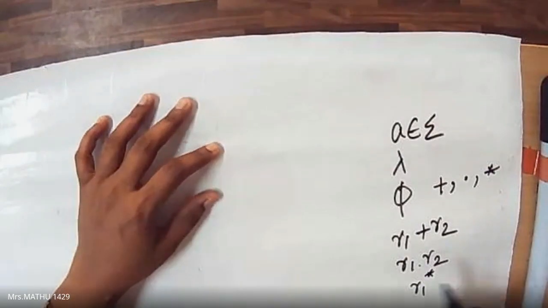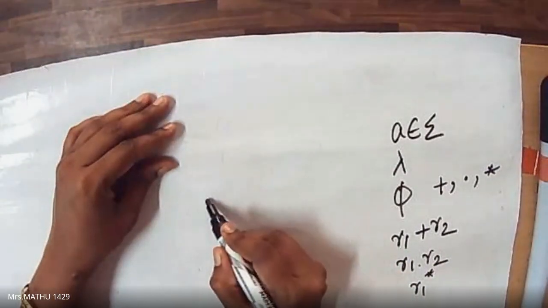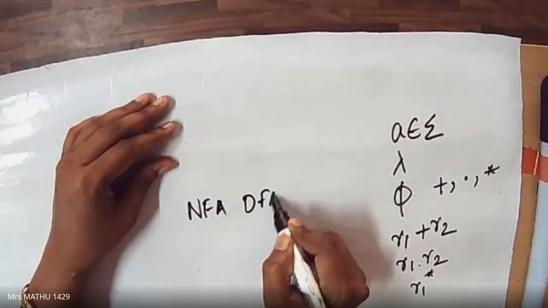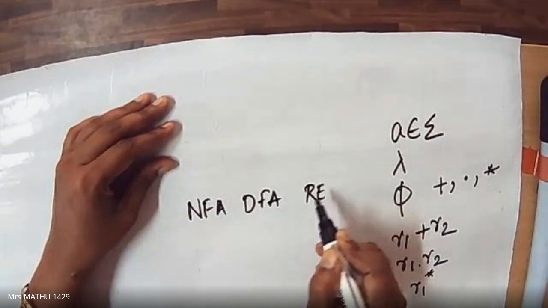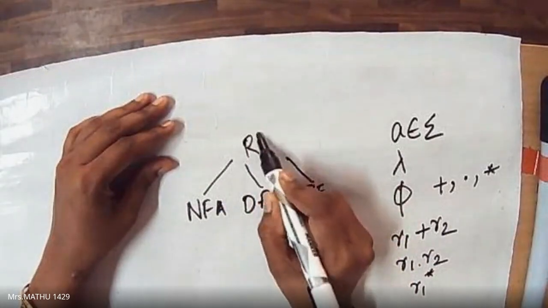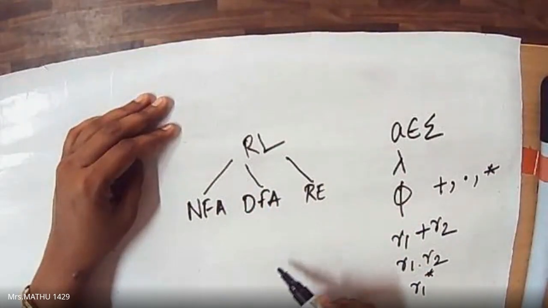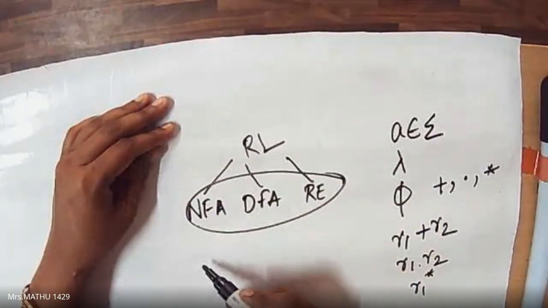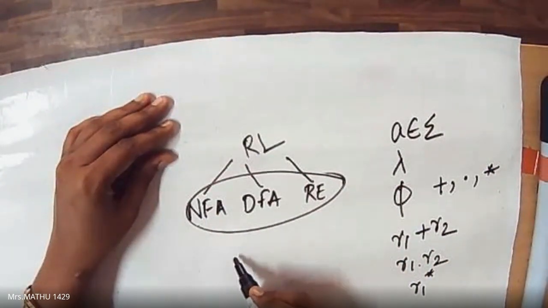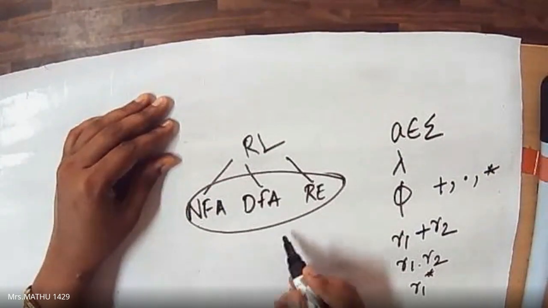As I told you, NFA, DFA, and regular expressions all represent regular languages, so they are equivalent to each other, and we have conversion methods from one to another.